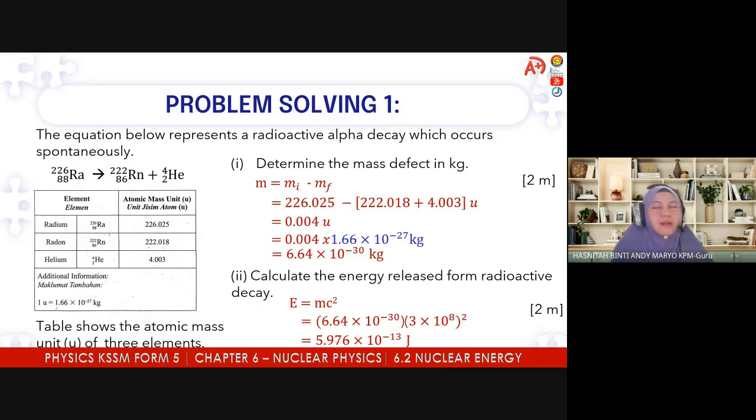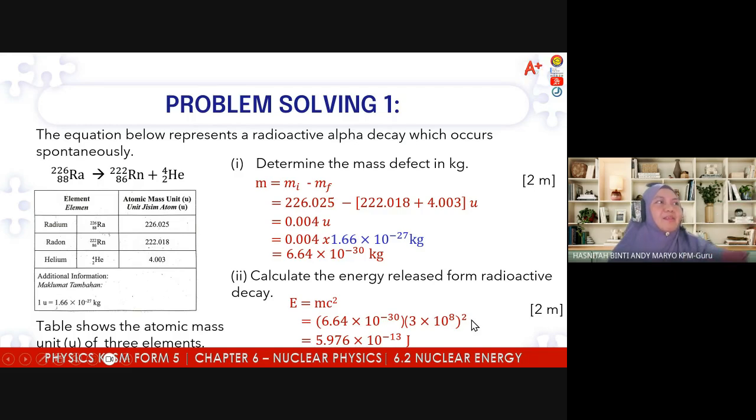The question is similar to problem solving number one. Find the energy released in the reaction. So use E equal to mc squared. Use the mass you calculated earlier in kg, multiply by c squared. Please don't forget to square the speed of light.